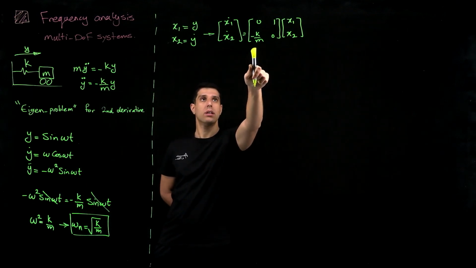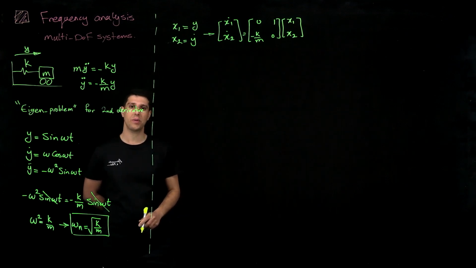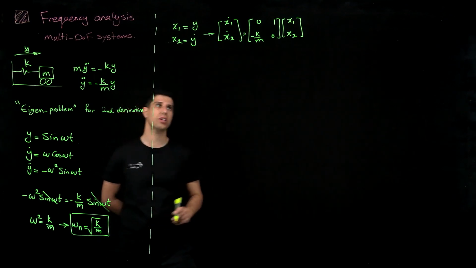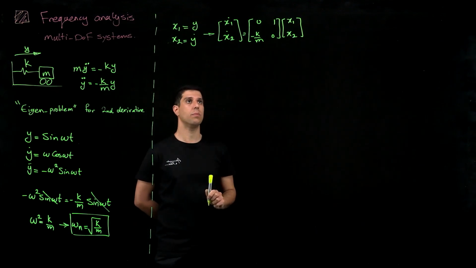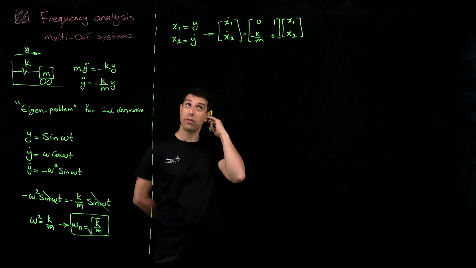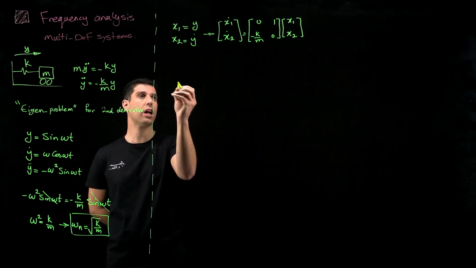And we know that whenever we have this, a lot of information comes out of the eigenvalues and eigenvectors of this matrix A. So let me calculate that.